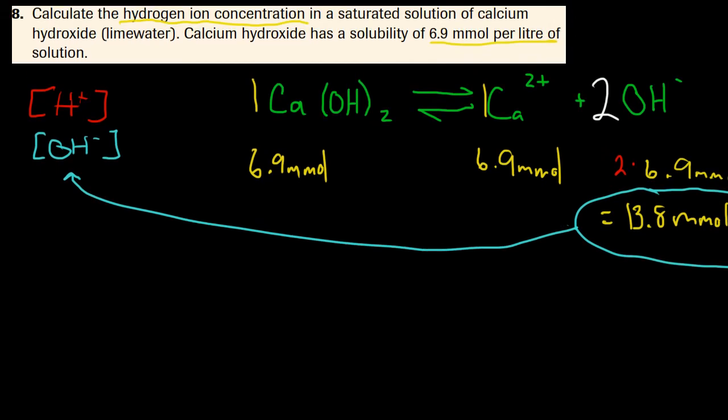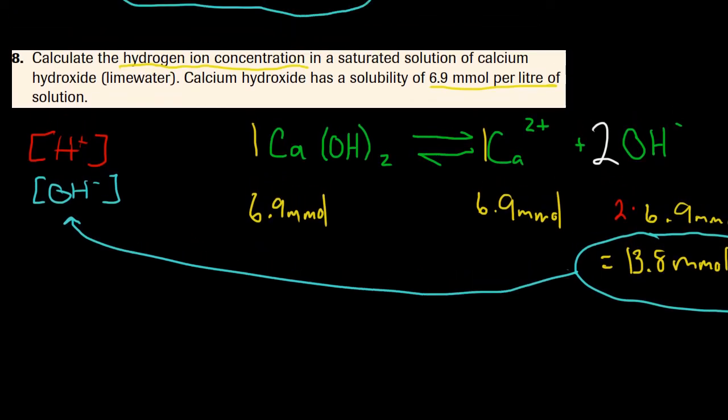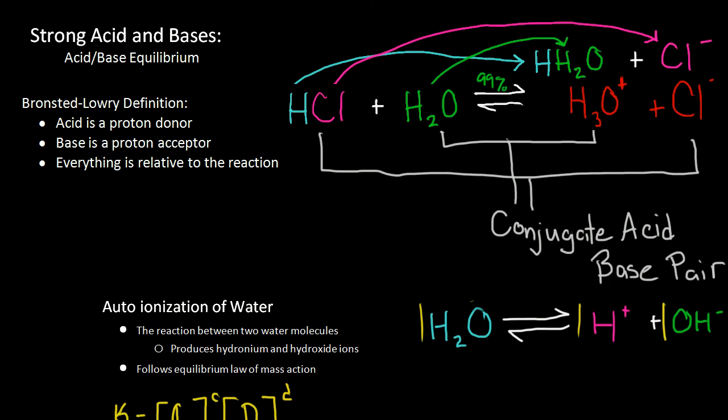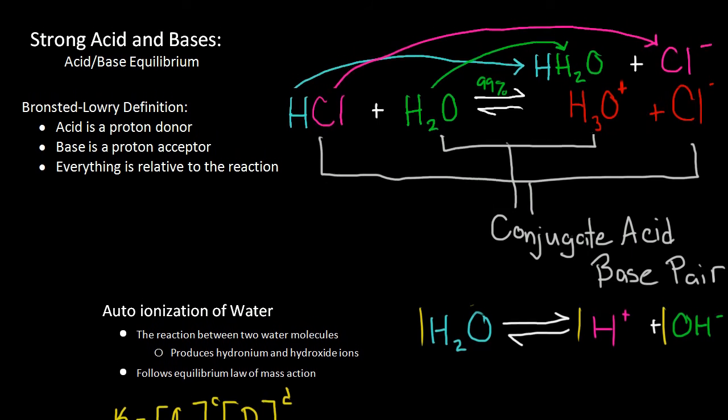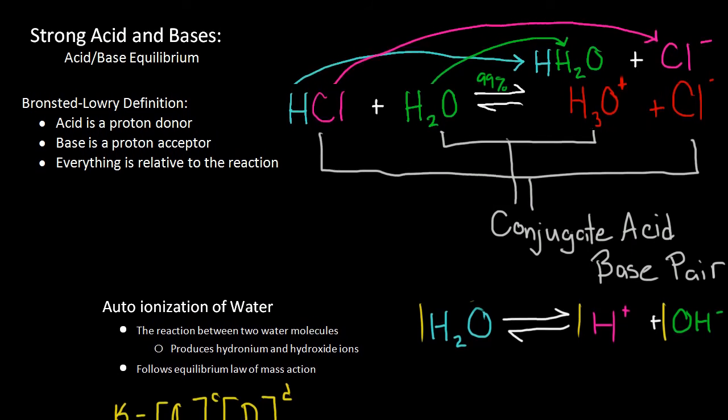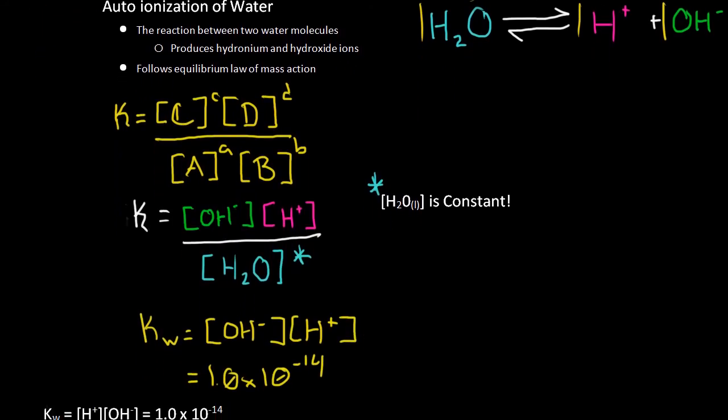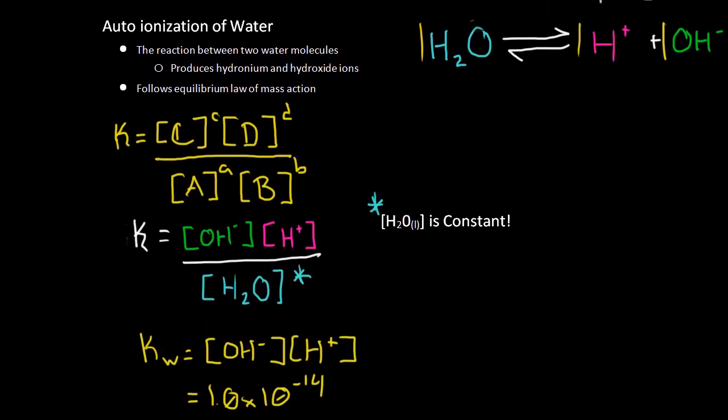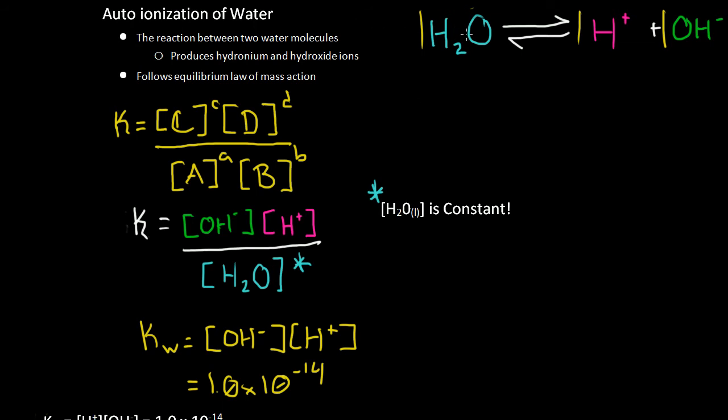So I'm not actually going to go through that, but I'm just going to recap what we have done. Again, an acid is anything that donates a proton, and a base is what accepts this proton in any reaction, and we need to remember that everything's relative to the reaction. Then we need to remember that water undergoes this process automatically, just between water molecules, and it forms H plus and OH minus ions in very small ratios.